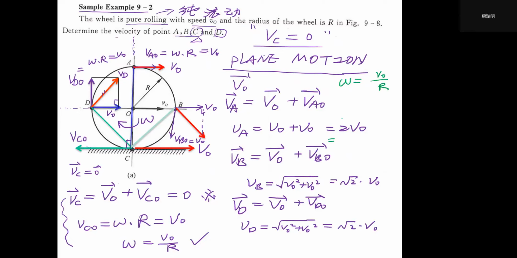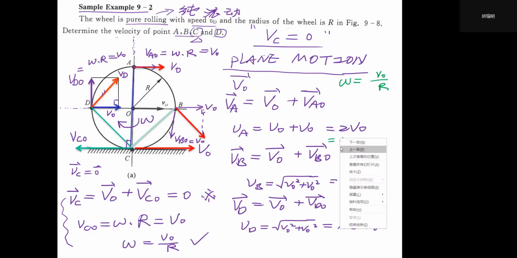So I will ask you a question. Can you tell me the distance from A to C? AC is the diameter of this circle, so the length of AC will be 2R.